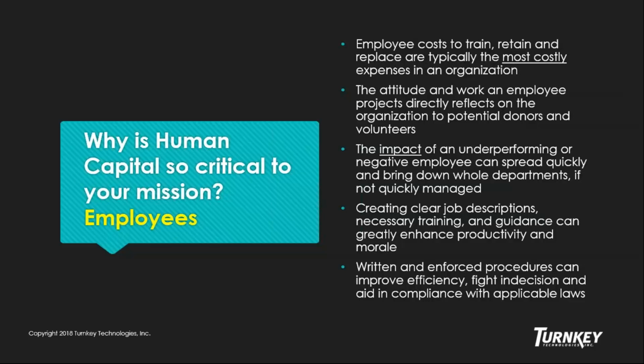So the third bullet point that we're going to talk about a little bit is what is the impact of an underperforming or negative employee? Because anybody who's ever been in the workforce knows how quickly one negative or underperforming employee can affect an entire department if it's not managed. And part of the management of that is actually documenting the job description of an employee.